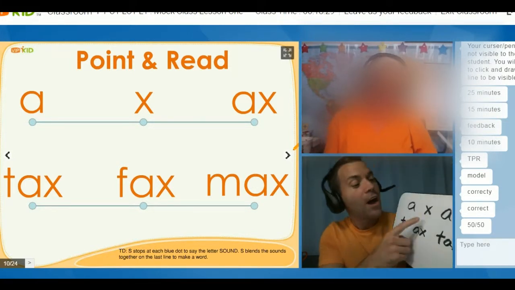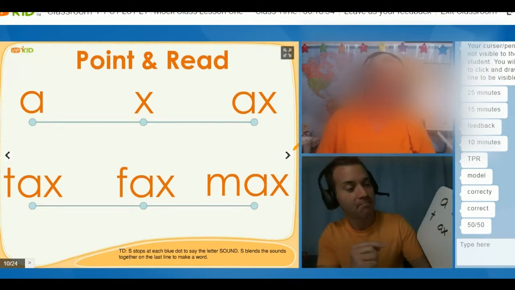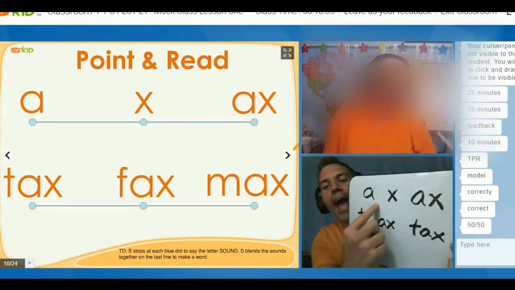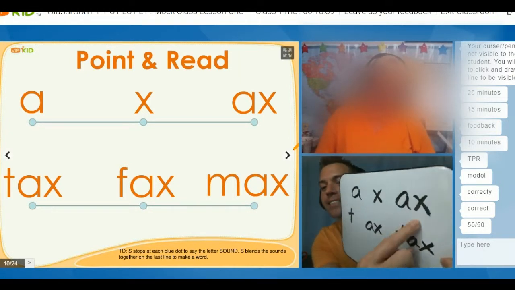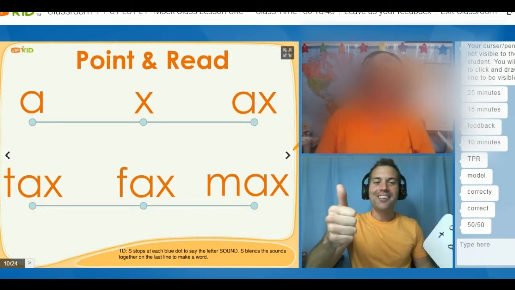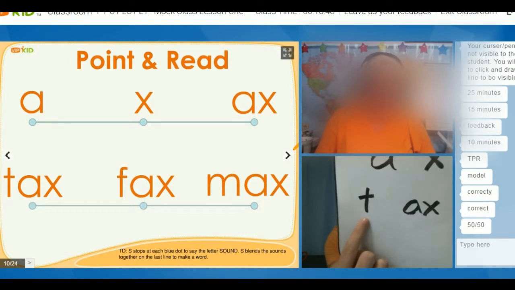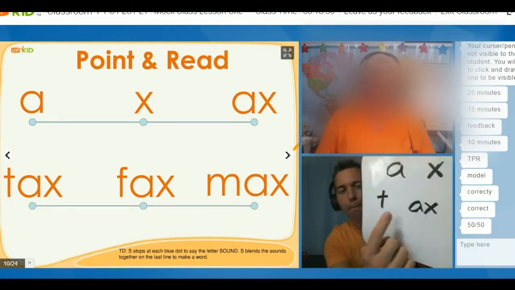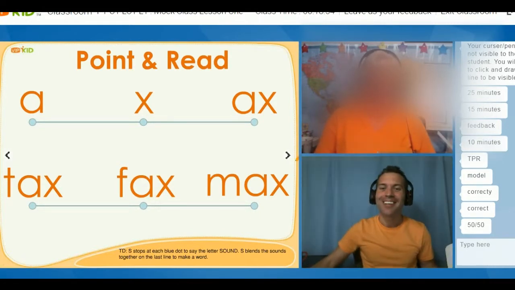X. Ah. X. Axe. Axe. Good. T. T. Axe. Tax. Tax. Good.